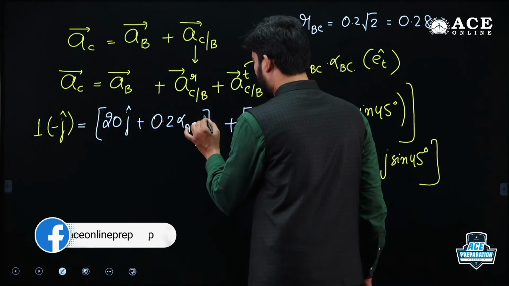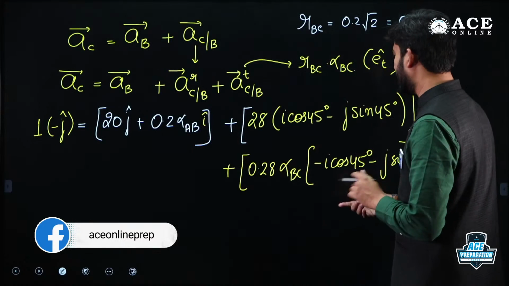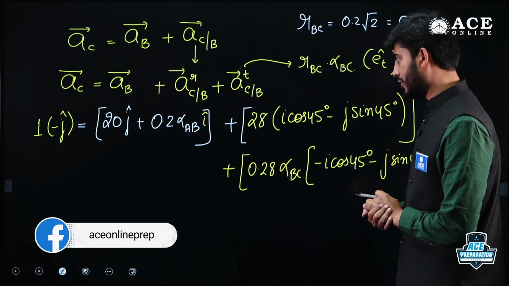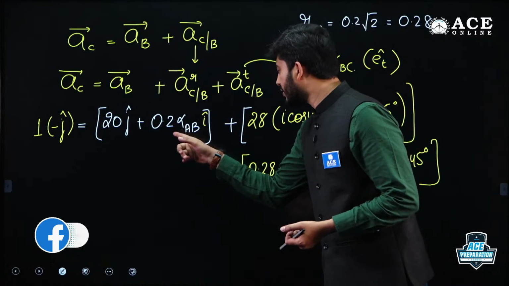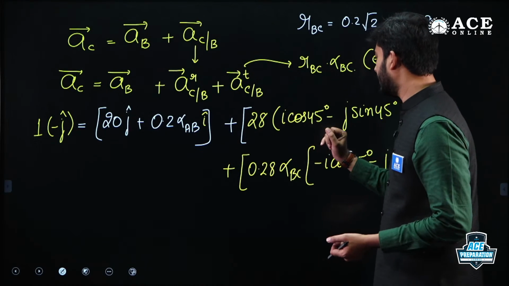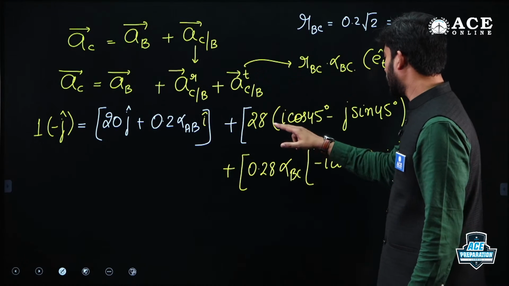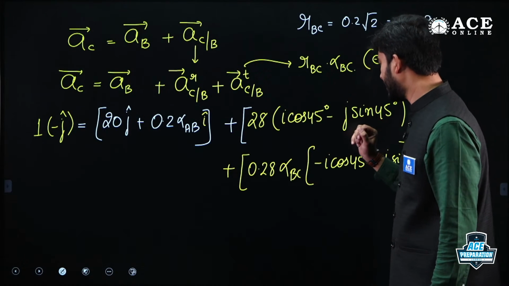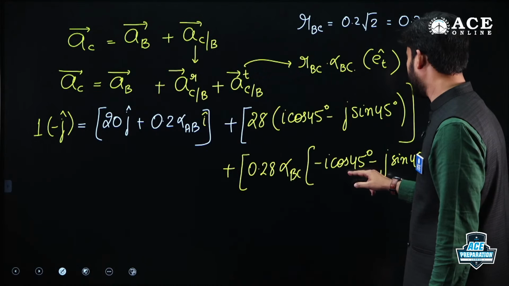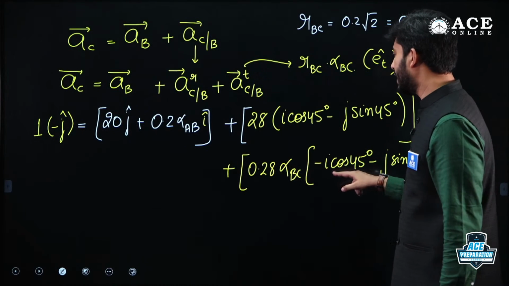So this is i cap, guys. In the i coefficients, there is alpha_AB present here, and there is 28 cos 45, and there is 28 alpha_BC.